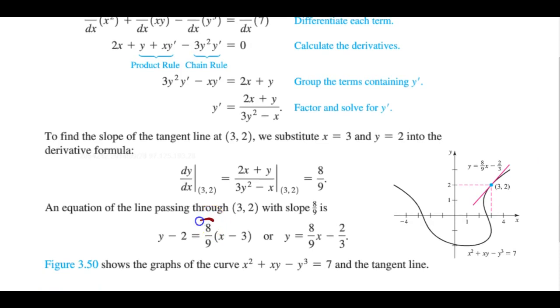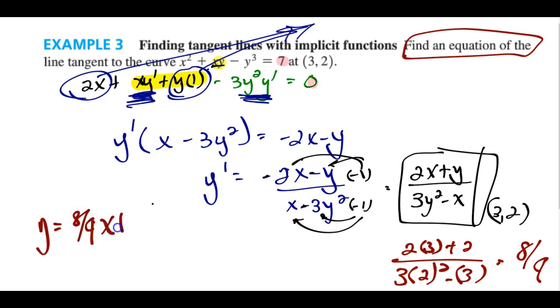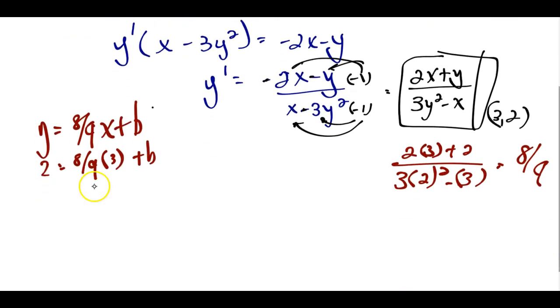Oh, evidently we were supposed to even go a little bit further and write the equation of the line. Maybe I should read the directions. Find the equation of the line. So let's go one more step further. y is equal to 8/9 x plus b. I'm going to plug in, this is my x, this is my y. So 2 equals 8/9 times 3 plus b. Oh, fun. So this is 24/9.